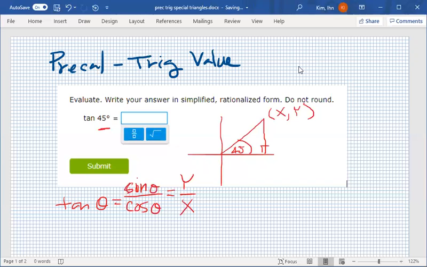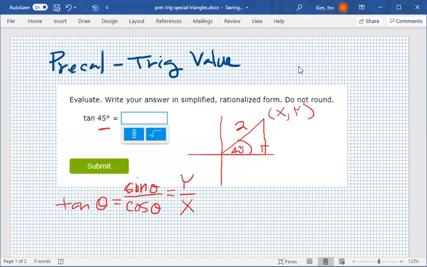Now you know that for 45, if this is 1, and if this is 2, let's say it's 2, right? Now what's the relationship between the short leg and the hypotenuse?